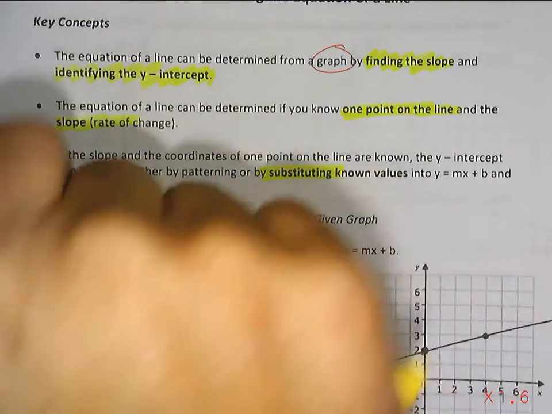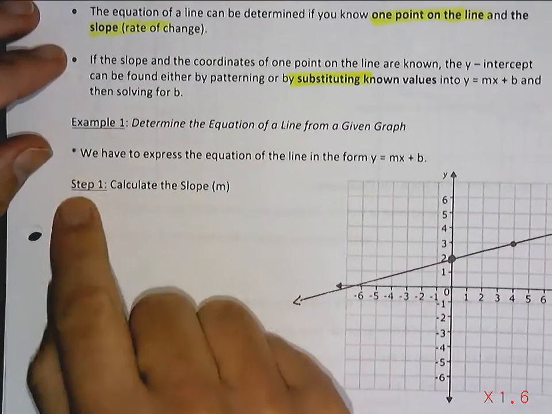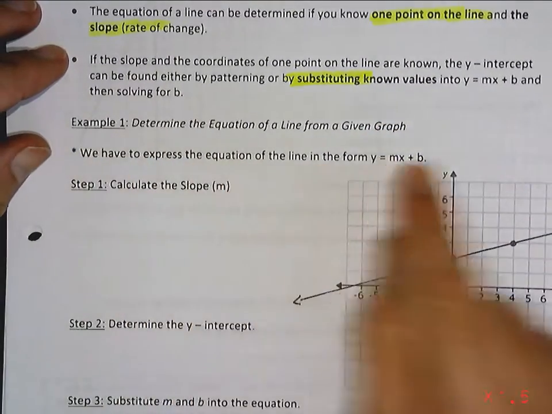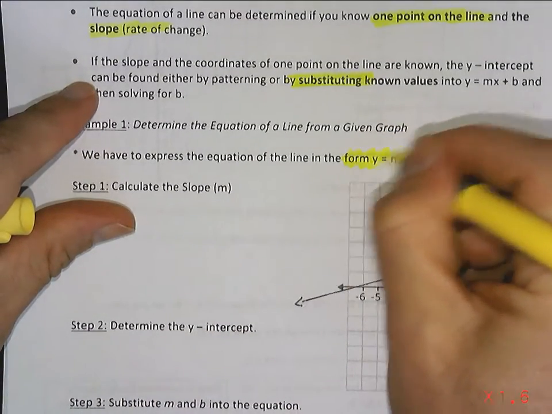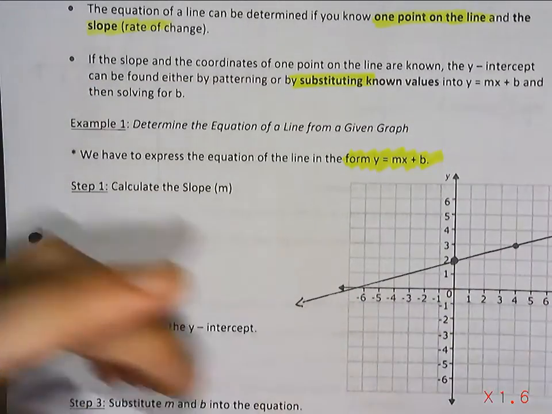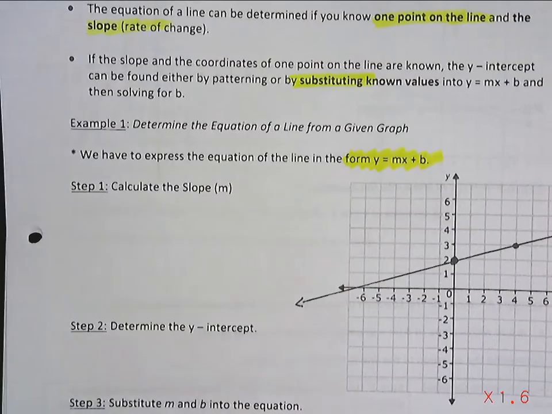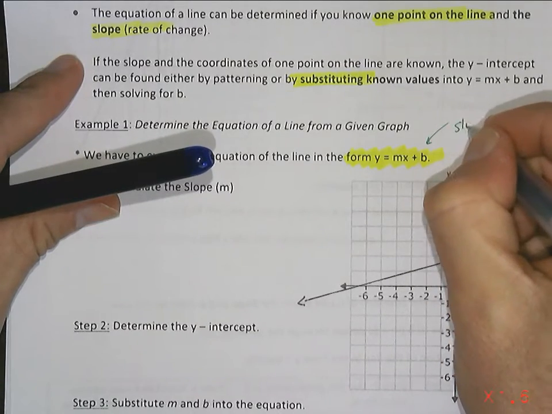Okay, so determine the equation of a line from the graph. Example 1. We have to express the equation of the line in y equals mx plus b form. There are different forms of a line. This is one form, and it's called the slope y-intercept form. It's the one that we use most, especially in grade 9.